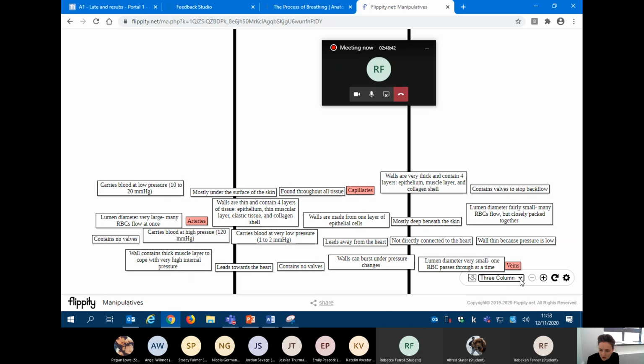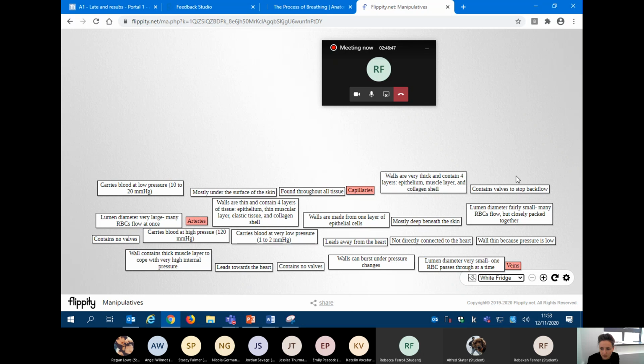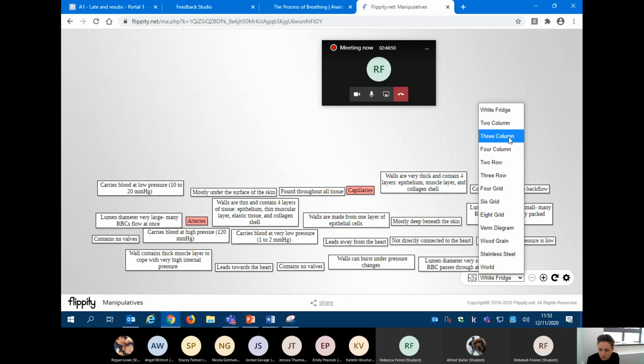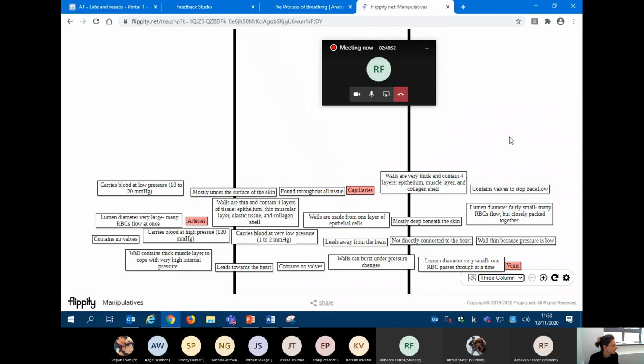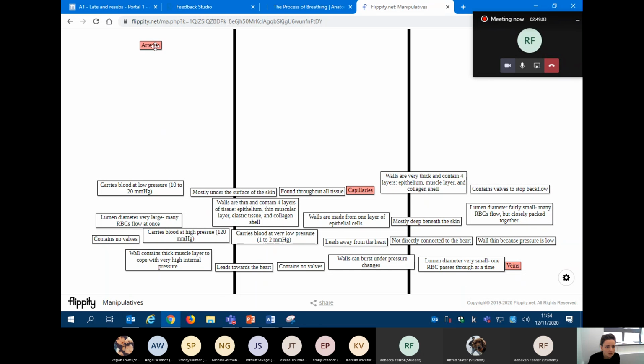If you click here, the default function is this white for each, but you need 3 columns, okay? Can you do that? I can't get on. So as I said, I'll pick up the paper version for those in class. Then essentially you've got 3 lots of things to sort: arteries, veins, and capillaries, and then the rest of the terms should end up in one of those 3 columns. Okay, or phrases or facts.